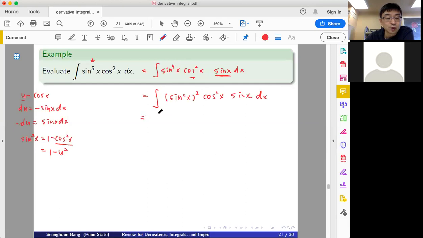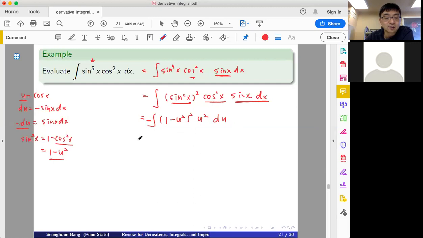This is the same as the integral of sine squared of x, which is 1 minus u squared, squared, times cosine x, which is u squared, and sine x dx is negative du. We have negative du, so you can take out -1.